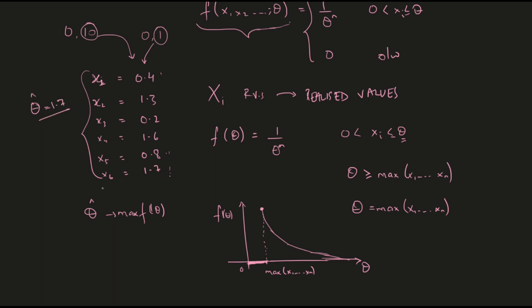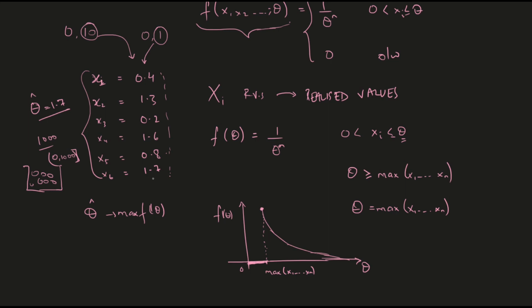If you were to assume, let's say, something like 1000, imagine the person who made the bag put in the numbers such that they are uniformly distributed from 0 to 1000. And then you went ahead and drew 6 balls and you found this sample.